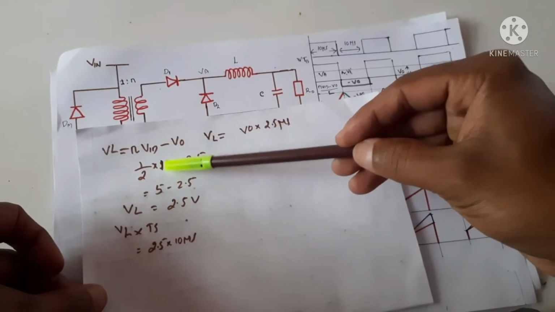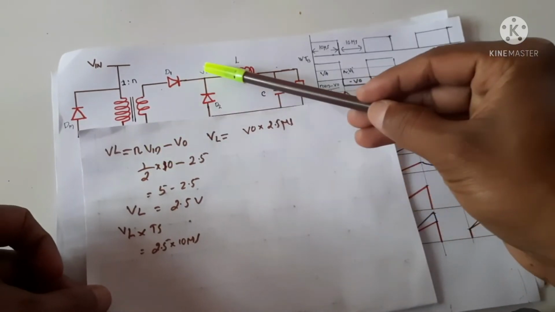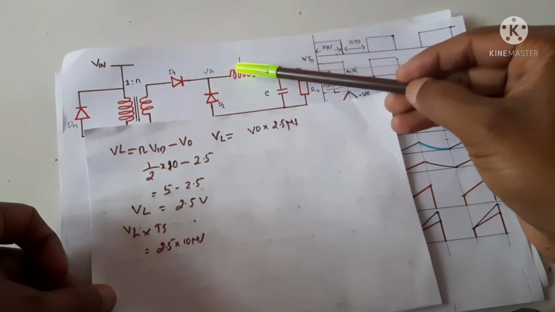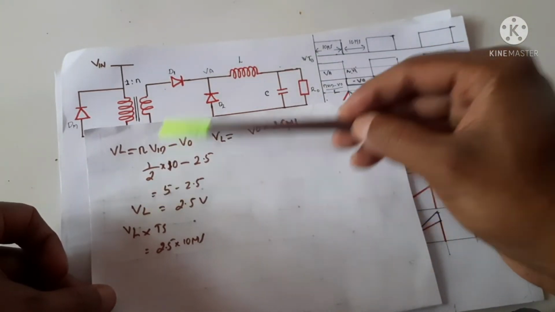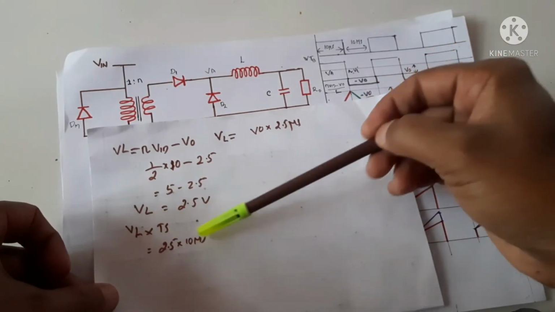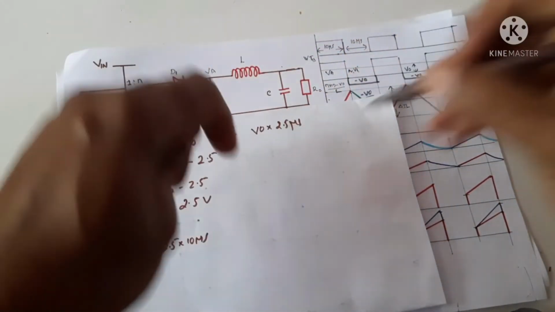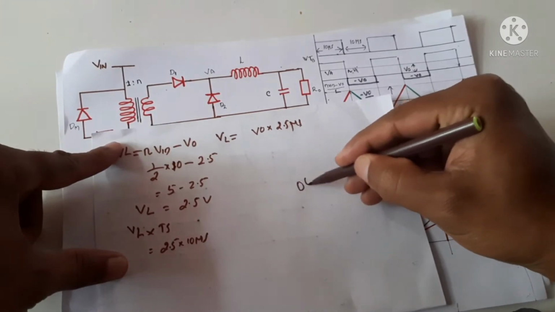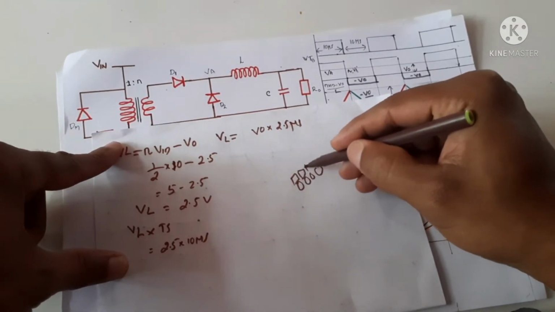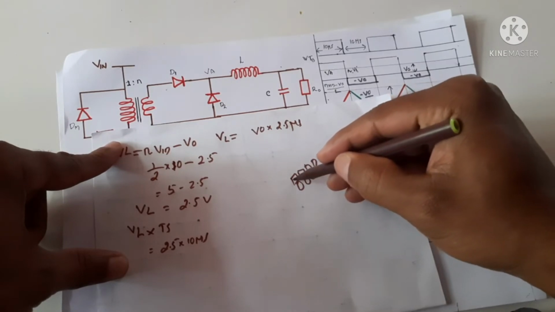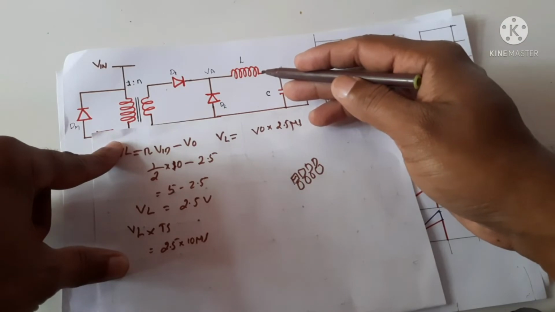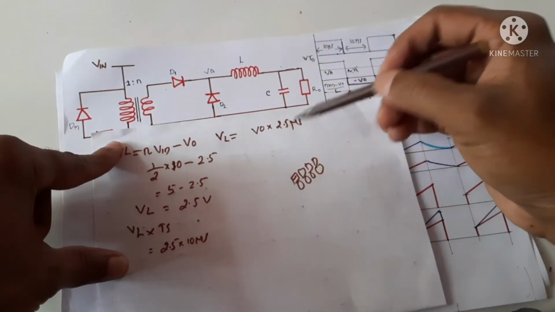That means the voltage at this point is half into 10, 5 volt, minus 2.5, so the voltage across the inductor is 2.5 volt. That is taking the energy, 2.5 volt. If these are the electrons carrying 5 volt of energy, out of the 5 volt of energy, 2.5 volt of energy is taken by the inductor for 10 microsecond.